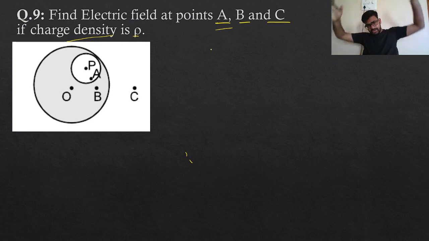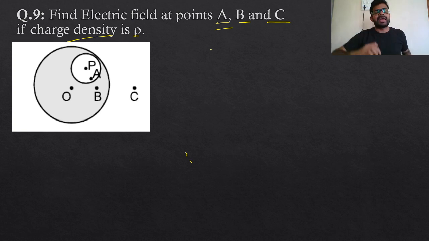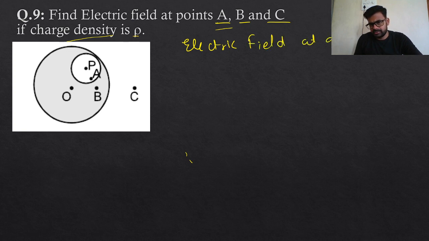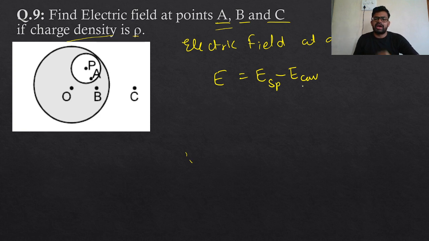You can see there is a sphere, and inside that there is a cavity. The center of the sphere is O and the center of the cavity is P. Now what will you do? The electric field intensity at any point is E equals E of the complete sphere minus E of the cavity. First consider the complete sphere and find the electric field intensity at the point.